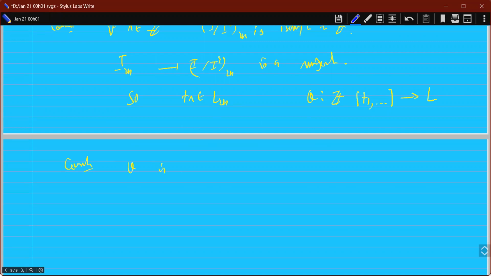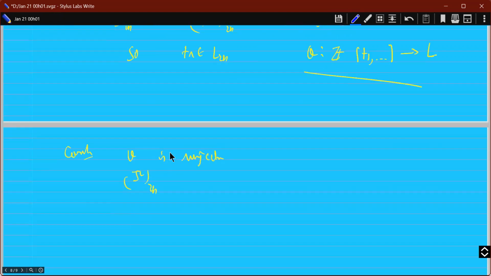Another consequence is a corollary: this theta is surjective. Maybe a quick proof. This is just induction. Now we know this would be our inductive hypothesis, so theta is surjective. So this is in the image of theta. Let me pause for a second.